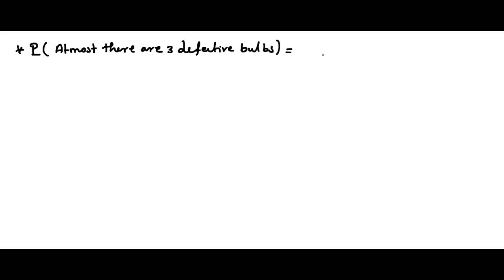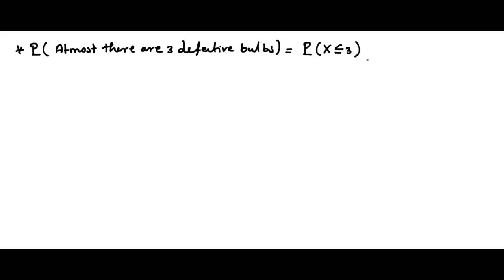What is the second condition? We are going to find the probability that at most 3 bulbs are defective. In mathematical form, capital X is the number of defective bulbs, and at most 3 means X less than or equal to 3.